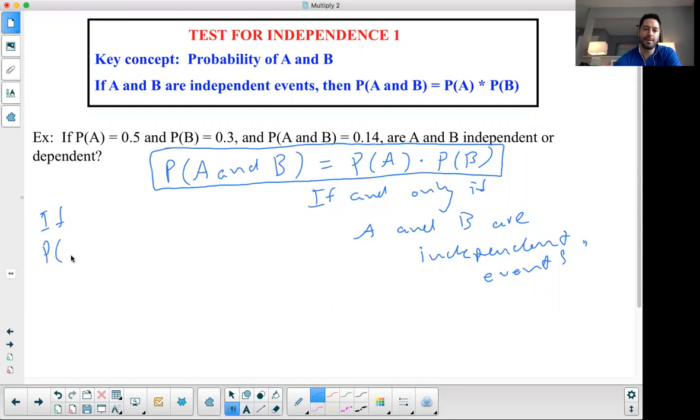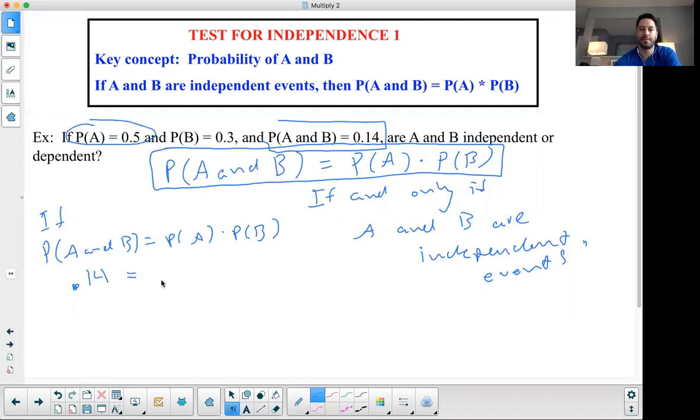So they are independent if the probability of A and B equals the probability of A times the probability of B. Let's see, probability of A and B, just substitute, is 0.14. Probability of A is 0.5. Probability of B is 0.3.